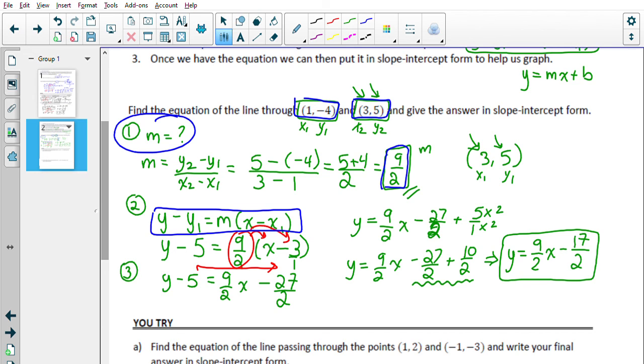Once you're done that, you rearrange it to get it into y equals mx plus b form. So I'll give you a couple to try on the bottom of the worksheet, and then we'll go over corrections on how they worked out for you.